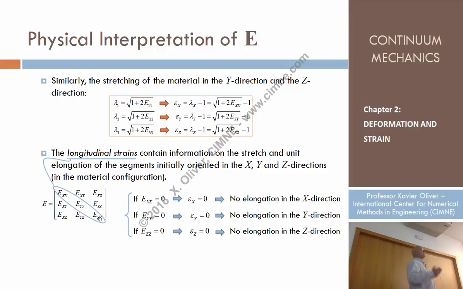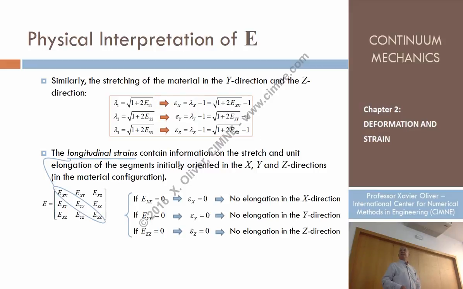So, the summary is: the elements of the diagonal of the strain tensor contain information, through these formulas here, about what? About the stretches or unit elongation of segments respectively in the x, y, and z direction.